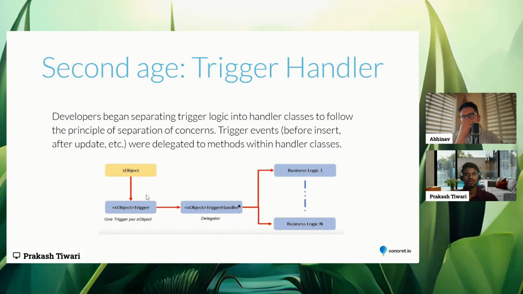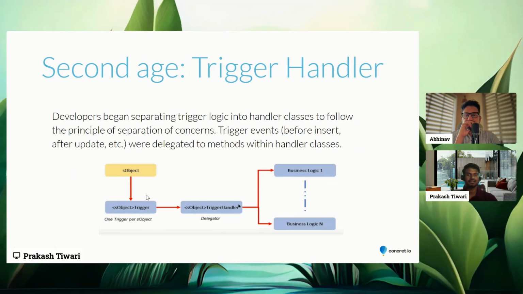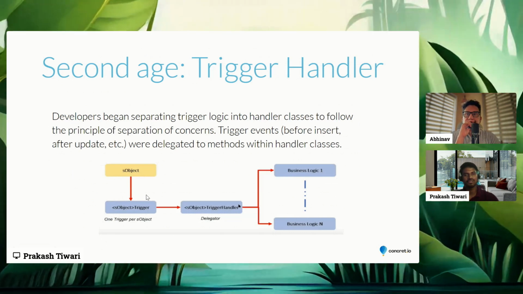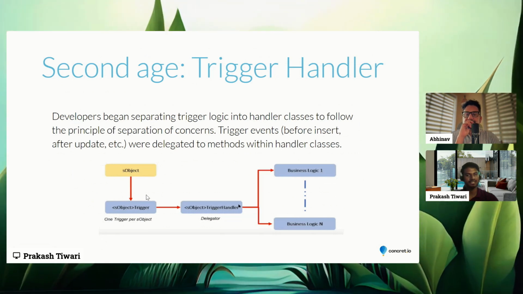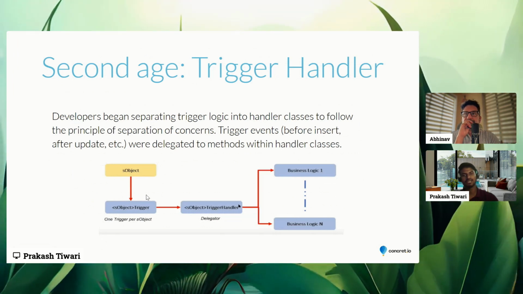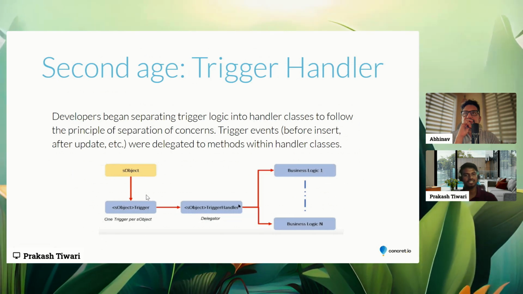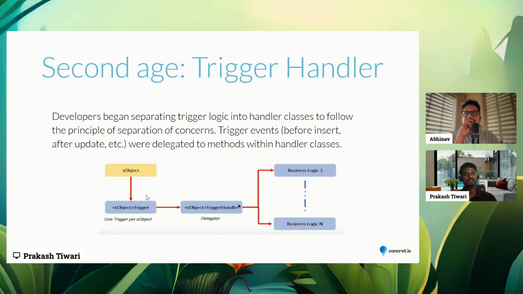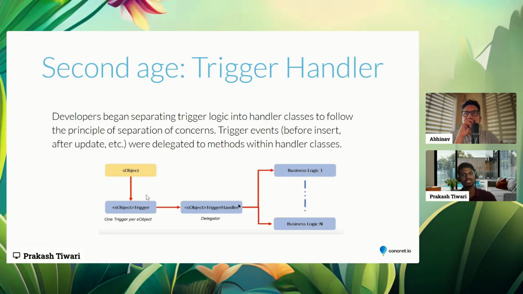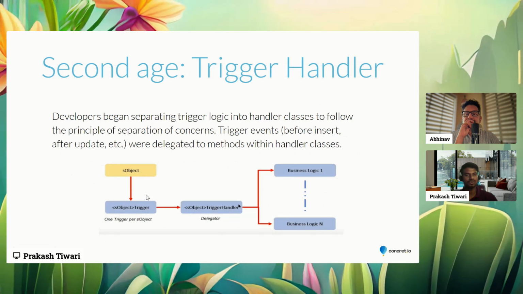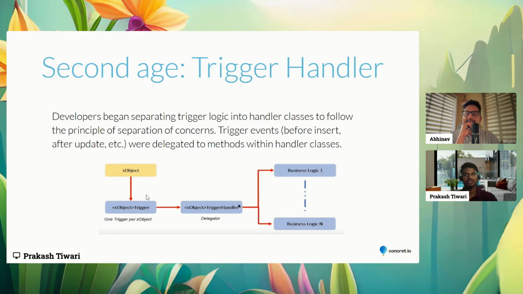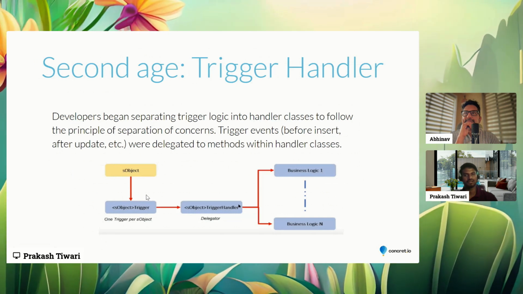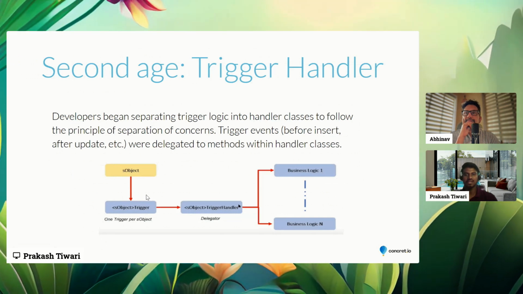As I mentioned, in the first stage, suppose I have a generic logic written in an Apex trigger. The second Apex trigger cannot use the same logic, so it also needs to write the same logic. So it's repetitive code. To solve this kind of problem, in this age we come with the handler approach.